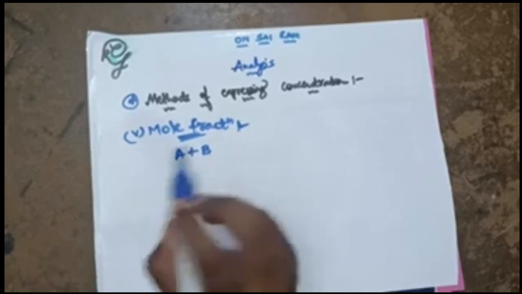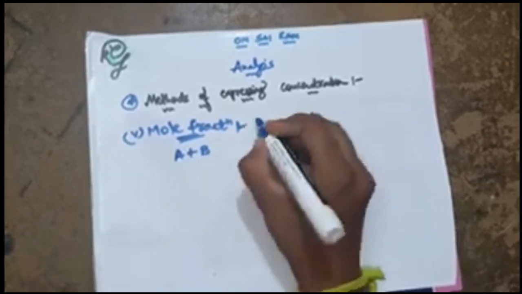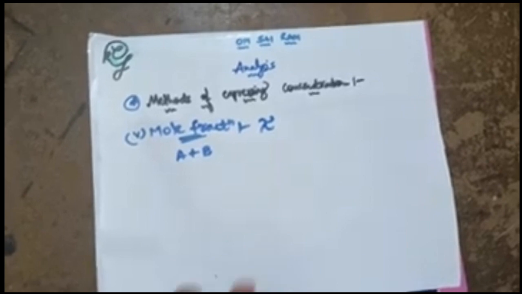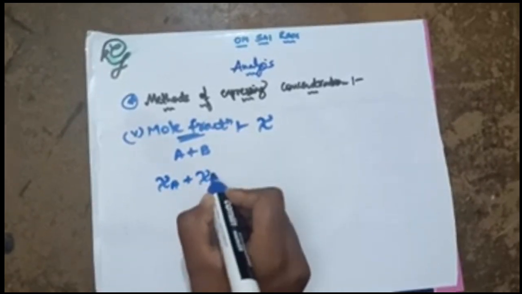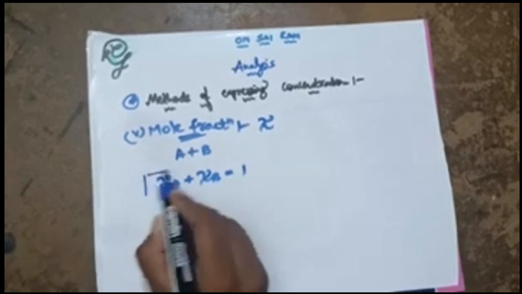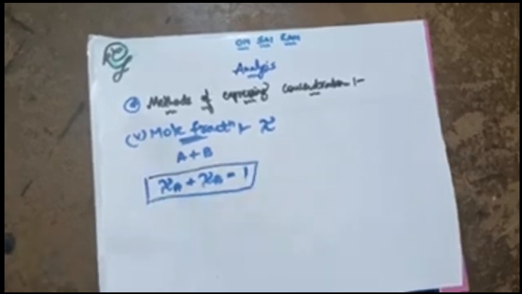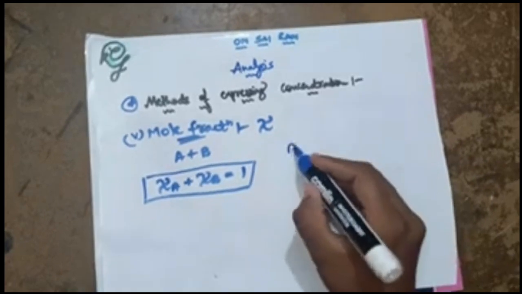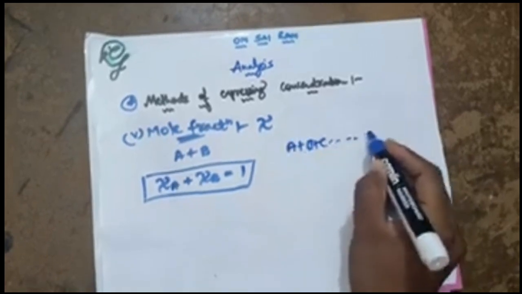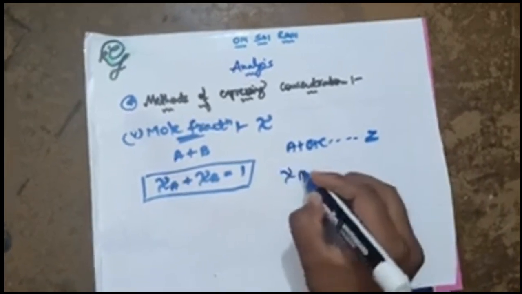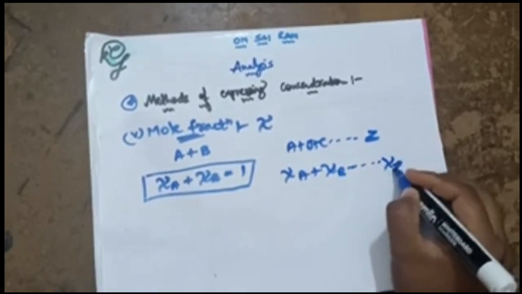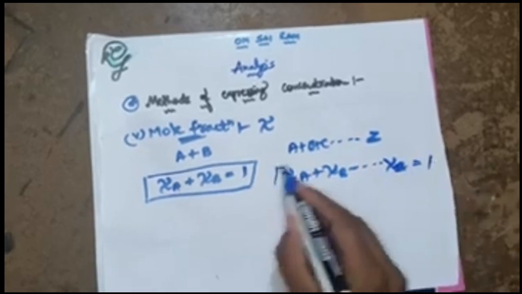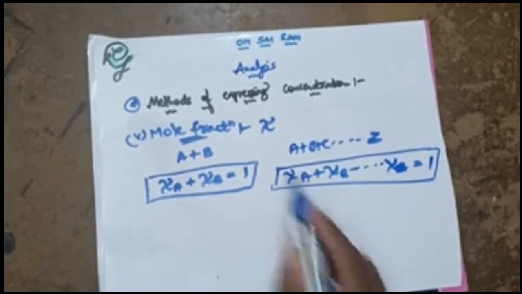If we take a solute A plus solute B, mole fraction is usually expressed as X. Mole fraction of A plus mole fraction of B is always equal to 1. There may be any number of solutes, A, B, C and so on till Z, and XA plus XB and so on till XZ is always equal to 1.